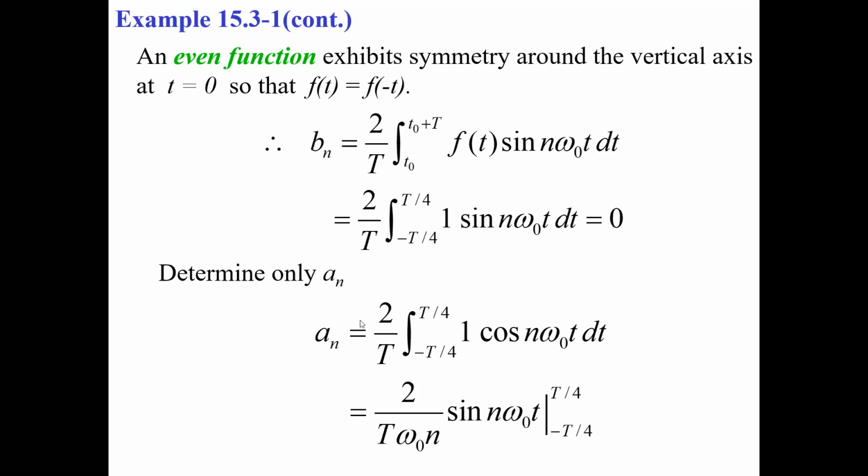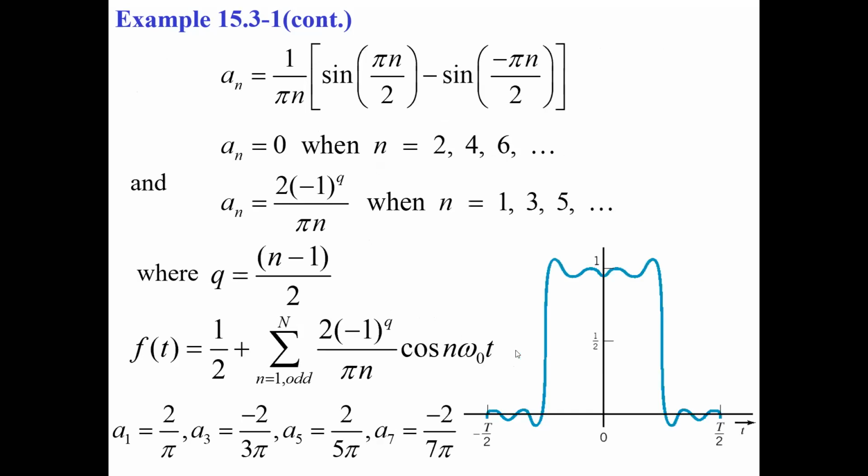Only an, this is the equation of an. So 1 by n pi. So some calculation is there. n is equal to 0, and n is equal to 2, 4, 6, and for odd n, it is 2 into (-1) to the power q, by pi n, where q is equal to (n minus 1) by 2.